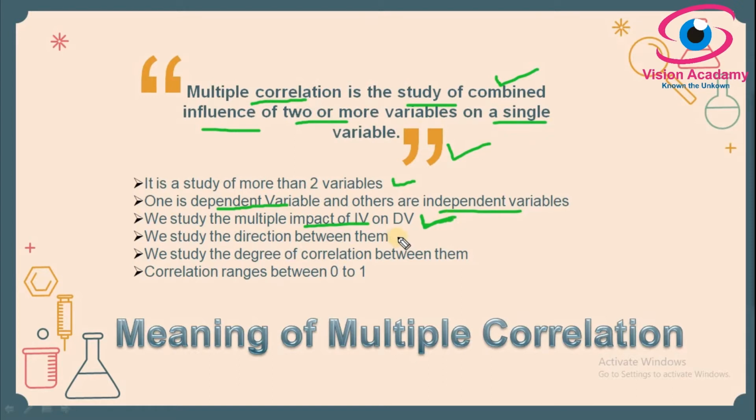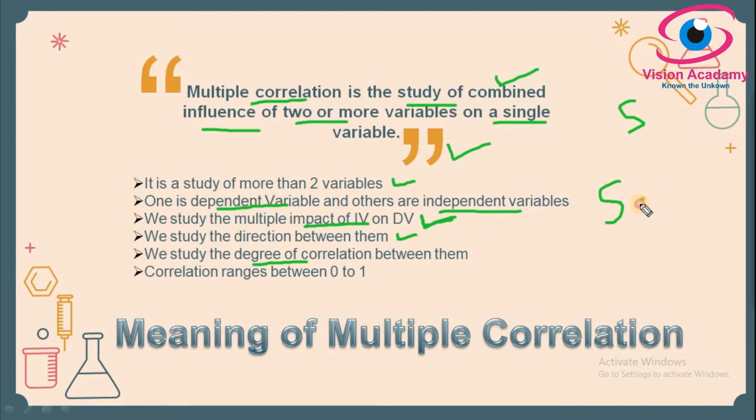So by calculating multiple correlation, we study the direction between them. It may be positive or negative. That relation we state in terms of degree, whether it is positive degree, negative degree, or else we can term the degree as strong positive correlation or strong negative correlation.